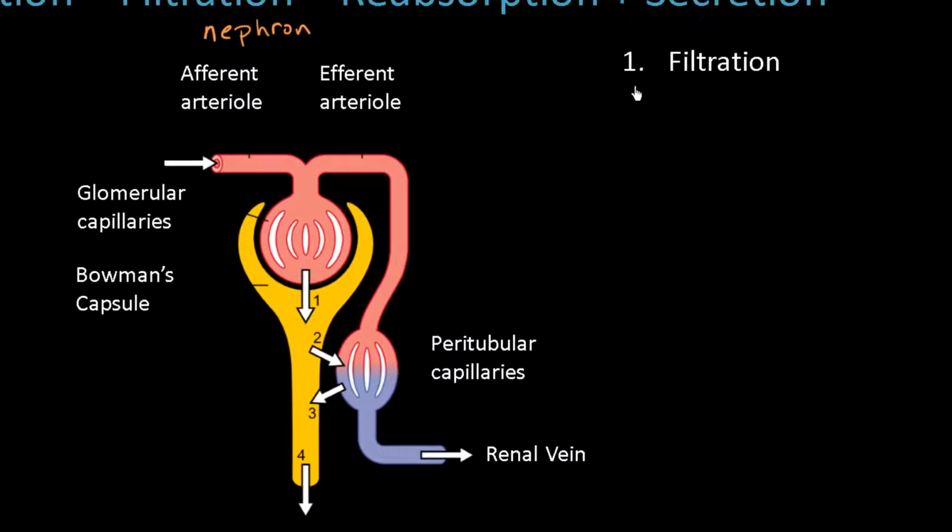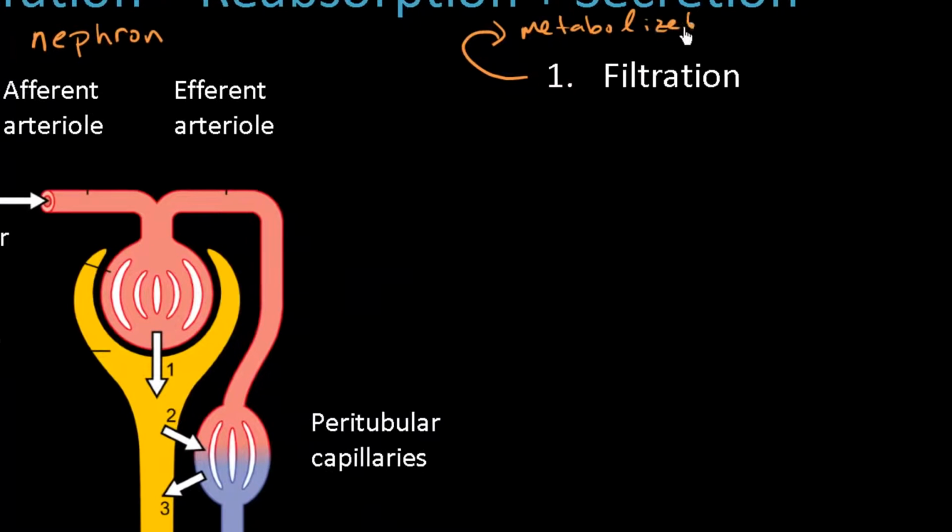So the first step is filtration. Now, filtration doesn't really care if the drug is metabolized or unmetabolized. We can filter both types of drug, metabolized or unmetabolized. However, what filtration differentiates between is free versus bound drug.